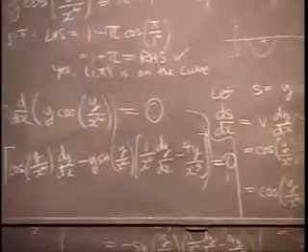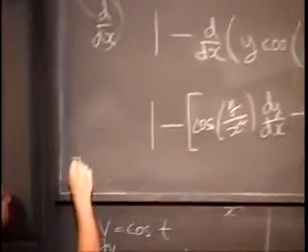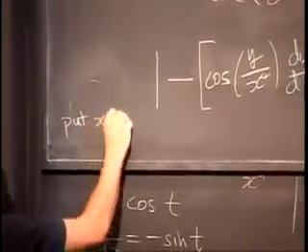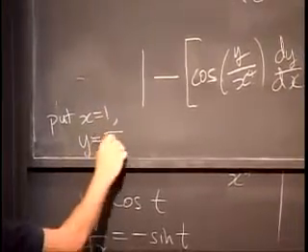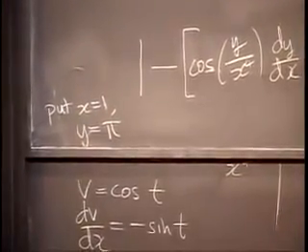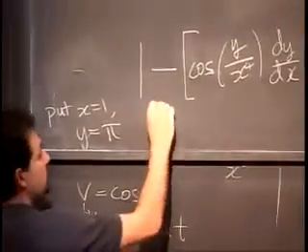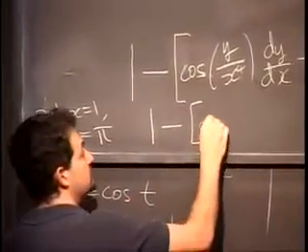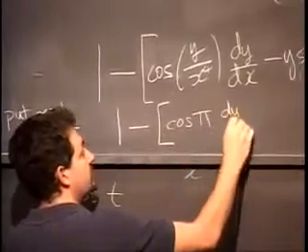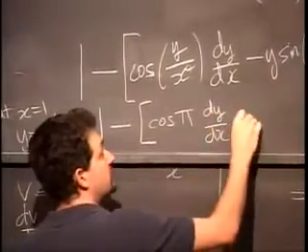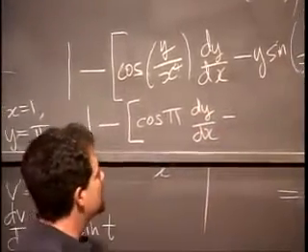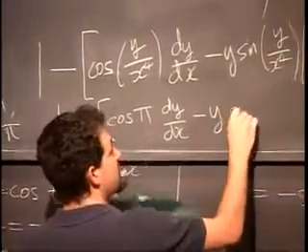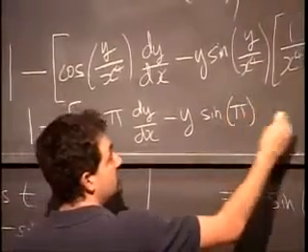Now, put x equals 1, y equals pi, because the question said, what is the tangent at 1 comma pi? And I will get 1 minus cosine pi dy dx minus, now you know what? I could go y sine pi times this.